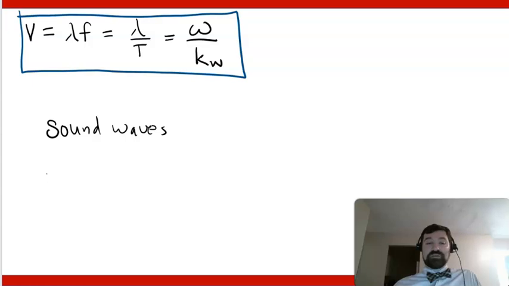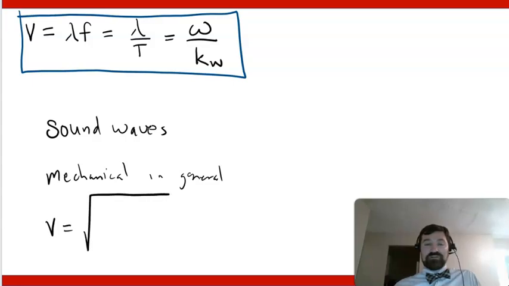So mechanical waves in general would have this relationship: v is equal to the square root of the elastic restoring force divided by inertial terms.